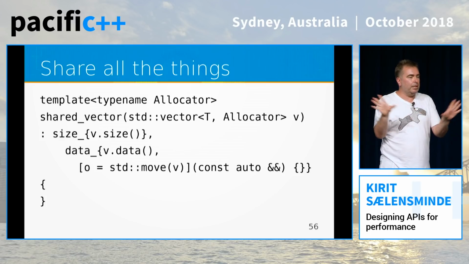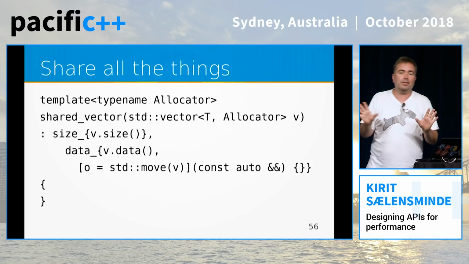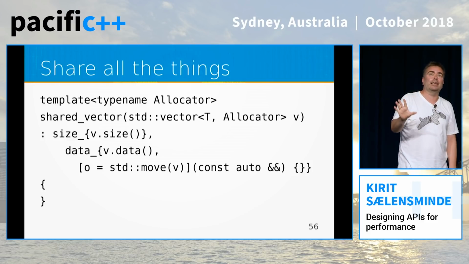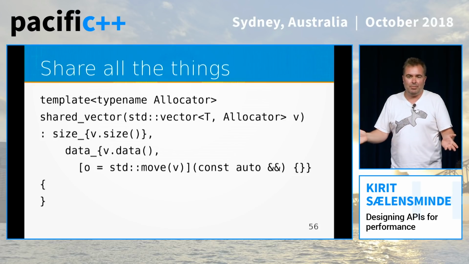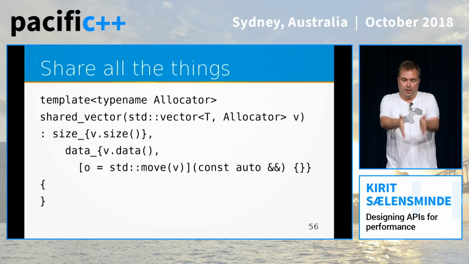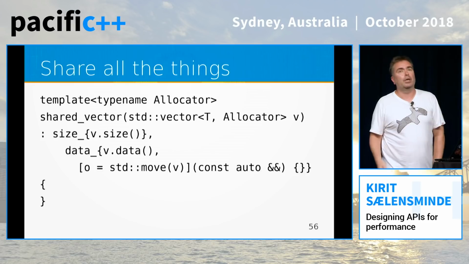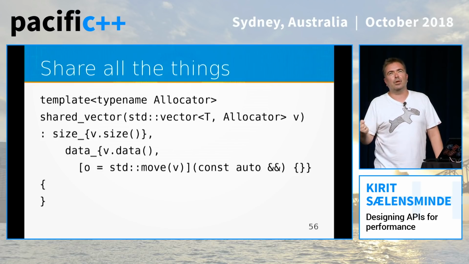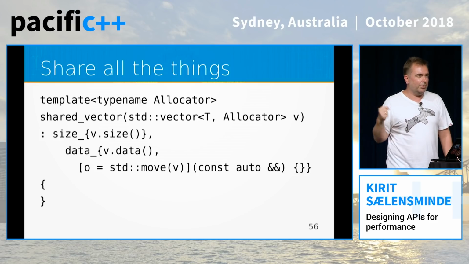So now I've completely type erased that standard vector. What's even nicer is that I've completely type erased the allocator that the standard vector was using. So it doesn't matter where you got this memory from. I can put it into a shared vector, and now I can slice and dice this shared vector very, very efficiently. I can copy it, and it's going to be const, so I know I can share it between threads safely, and do all sorts of other nice, cool stuff with it.